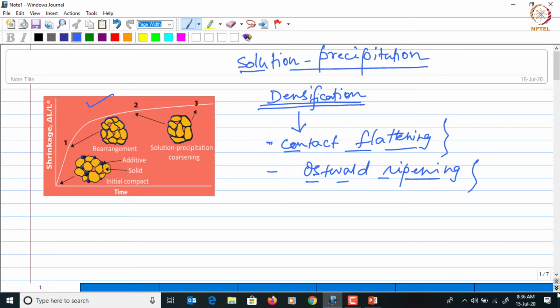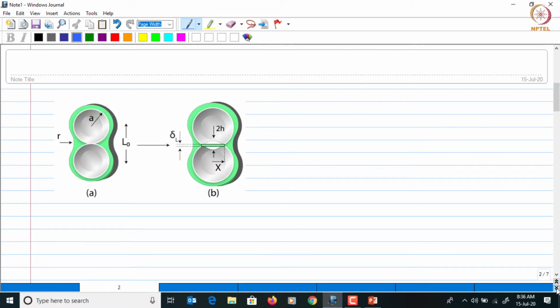Here the model which is proposed for the densification mechanism through contact flattening considers two spheres of similar size, as you could see in this figure here.